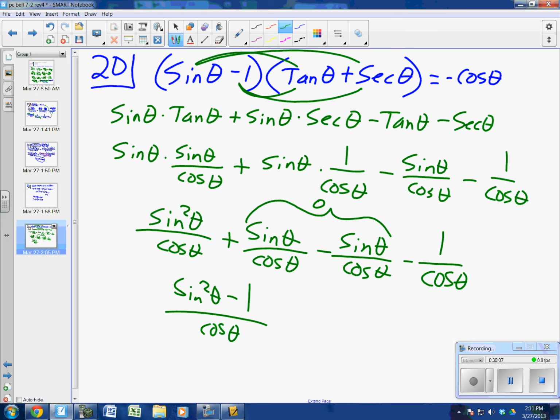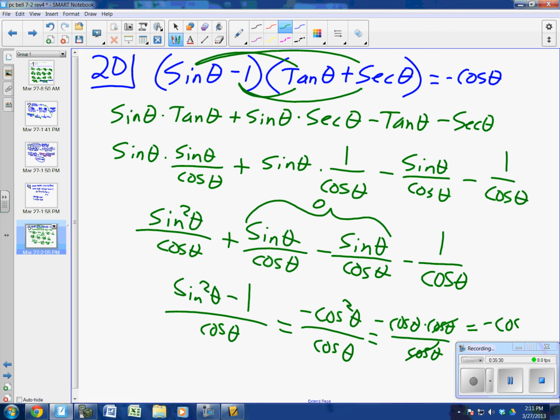So it's negative cosine squared over a cosine, which is the same thing as negative cosine times cosine all over cosine. And these cosines will cancel out. So my answer is negative cosine, which is what it wanted us to come up with. Got it?